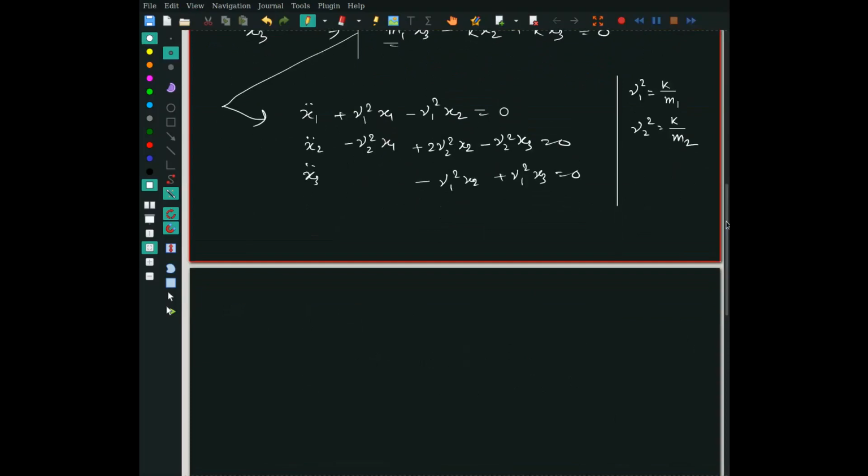So now it's time to put in our trial solution. I would just say that these things oscillate with a frequency omega.